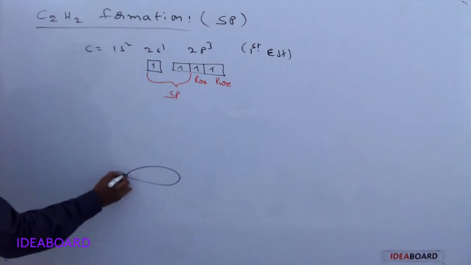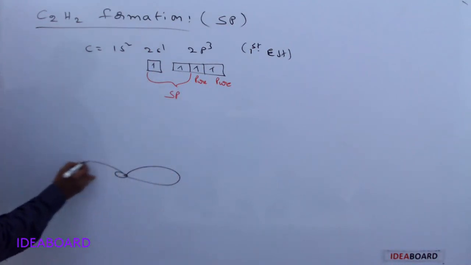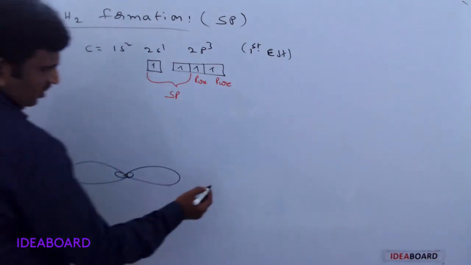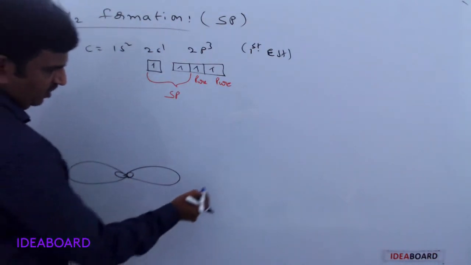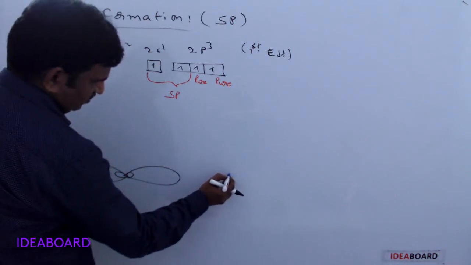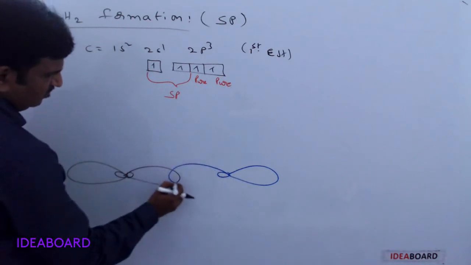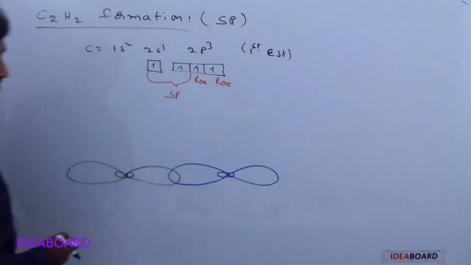This is one hybrid orbital and this is the second hybrid orbital of the first carbon. And the second carbon atom I am writing. This is one hybrid orbital and this is the second hybrid orbital, directly overlapped.